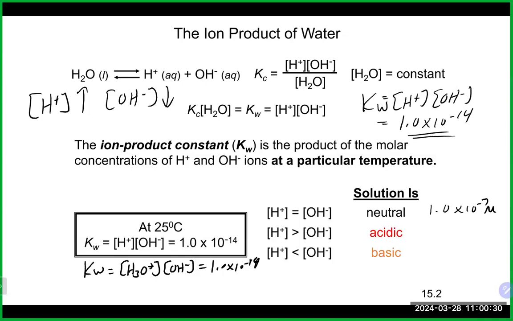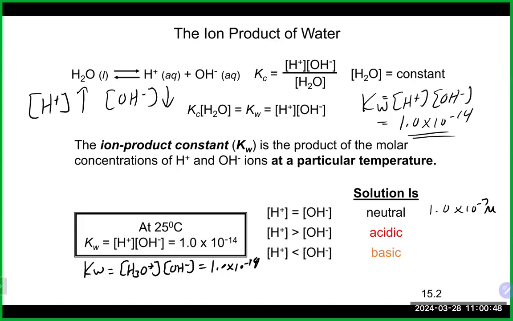If the H plus concentration is larger than the OH minus concentration, so the acid part is larger than the base part, the solution will be acidic. And if your hydroxide concentration is larger than your H plus concentration, then it will be basic.